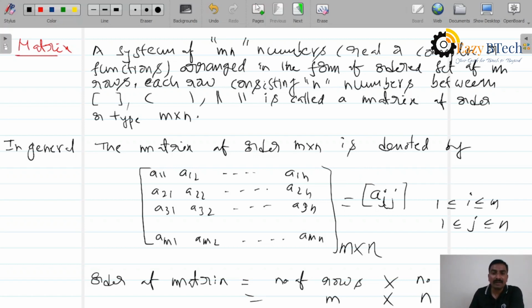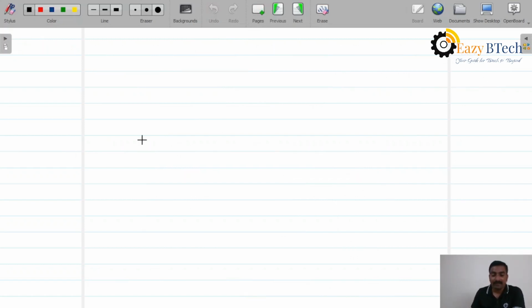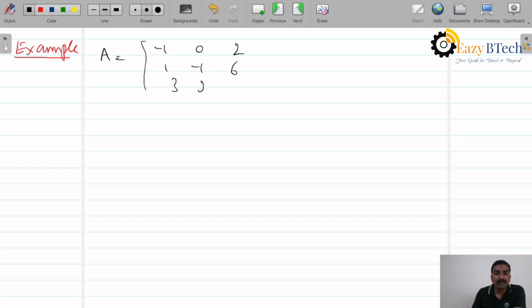See some examples for the definition of matrix. Suppose capital A equals -1 0 2, 1 -1 6, 3 2 -4. If you want to find the order, first we have to count how many rows there are.